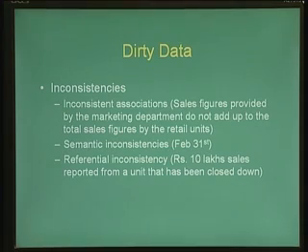Somebody might have typed February 31st in a date. So what does that refer to? Is it February 31st or March 1st or March 31st? Or there could be violations of referential integrity, like referential inconsistency. Let us say 10 lakh rupees of sales reported from a unit that has actually closed down, which is not even there, and so on.